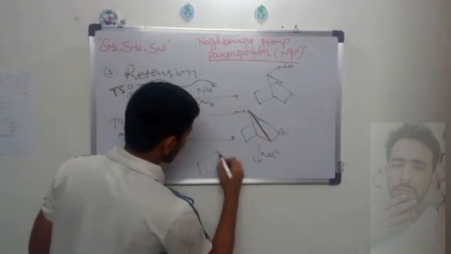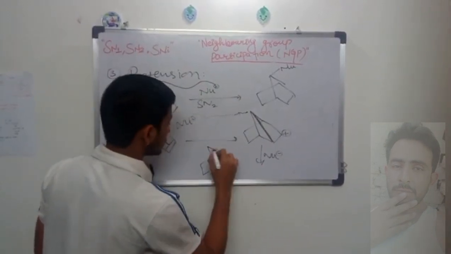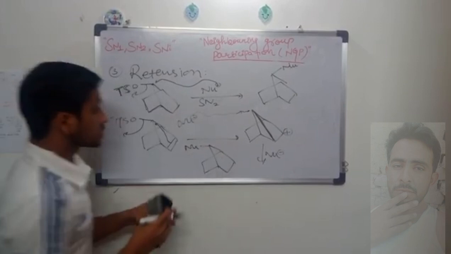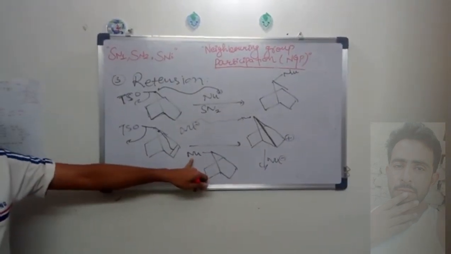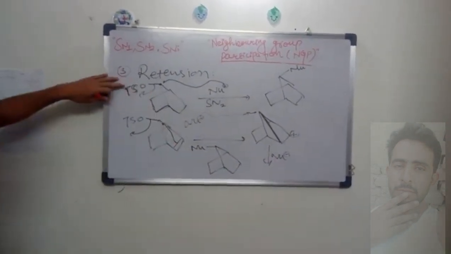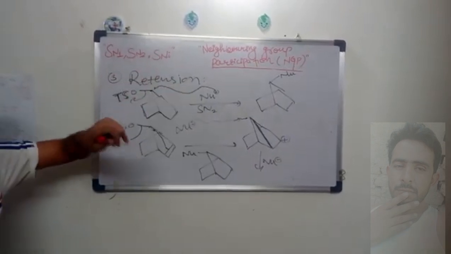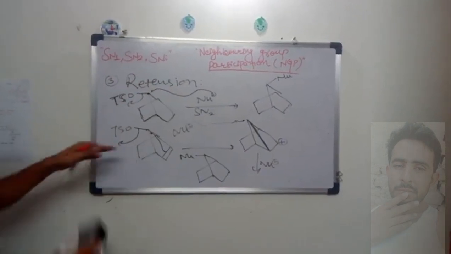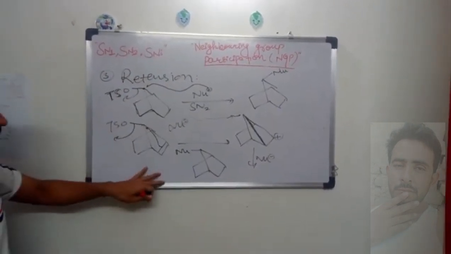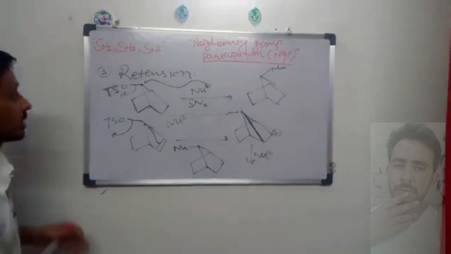So the product will be like that. It is the nucleophile. So in that case there is a retention of configuration. So in normal SN2 there is an inversion of configuration, while in the reaction in which a neighboring group is participating, there is a retention of configuration.